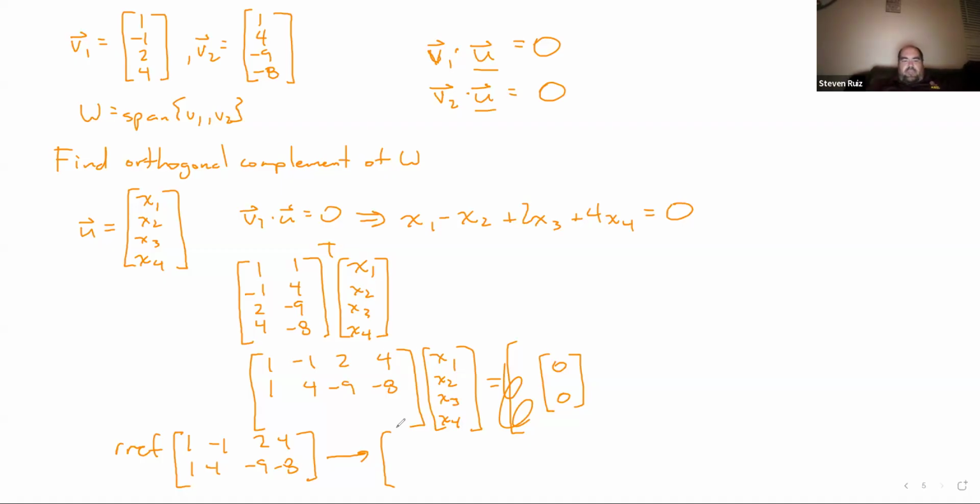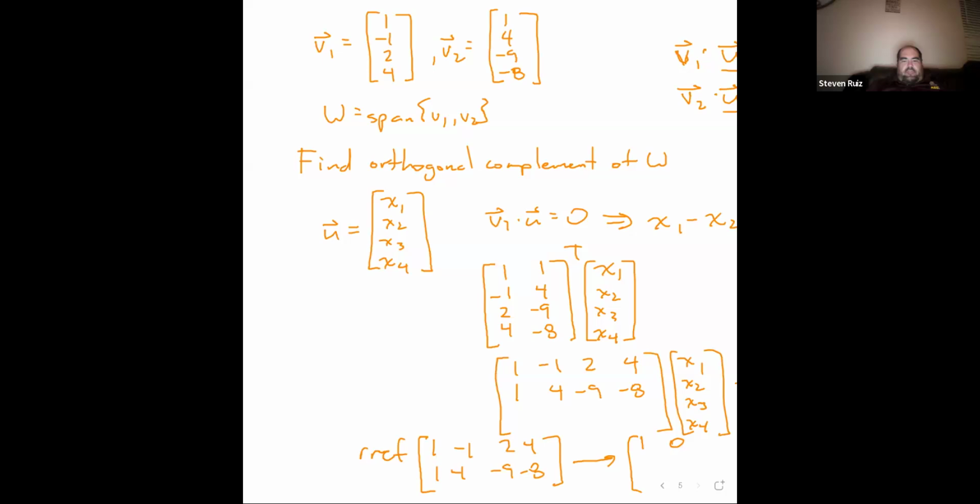All right, here's what I got. 1, 0, negative 1/5, 8/5, and 0, 1, negative 11/5, negative 12/5. Okay, so that's what I get for the reduced matrix.